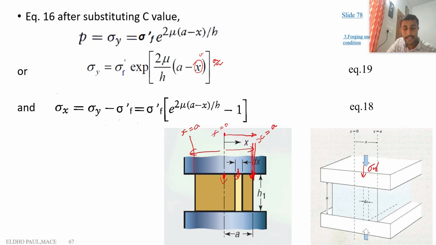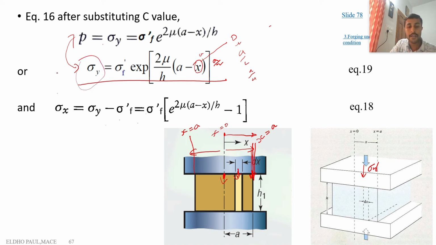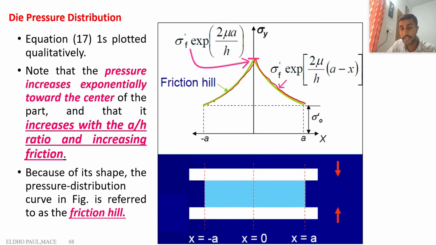Both equations here are the same. In this equation, we can supply different values of x: x equal to 0, x equal to a, x equal to a by 2, x equal to a by 4. By supplying different values, we get different values of sigma y, and this variation of sigma y is shown here.